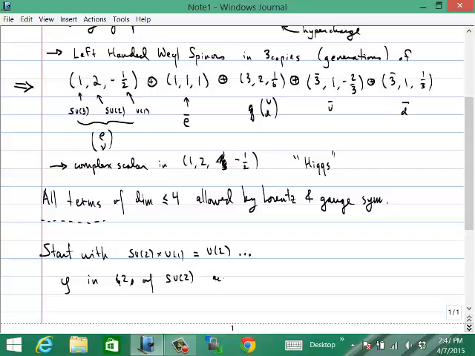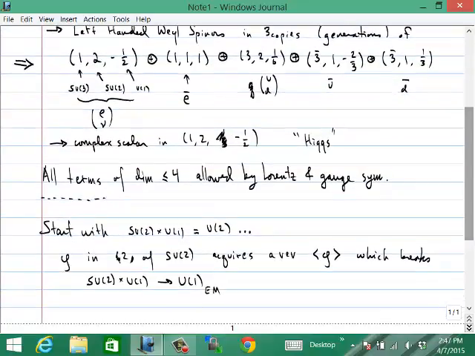And it acquires a vacuum expectation value which breaks the gauge symmetry down to U1. And it's this U1 that we know and love. This is the massless remnant of the symmetry breaking, which describes electromagnetism.